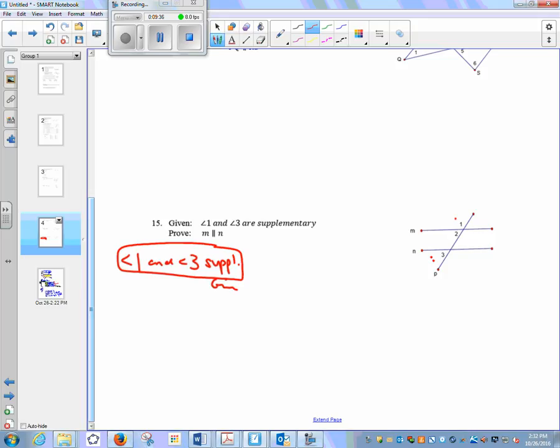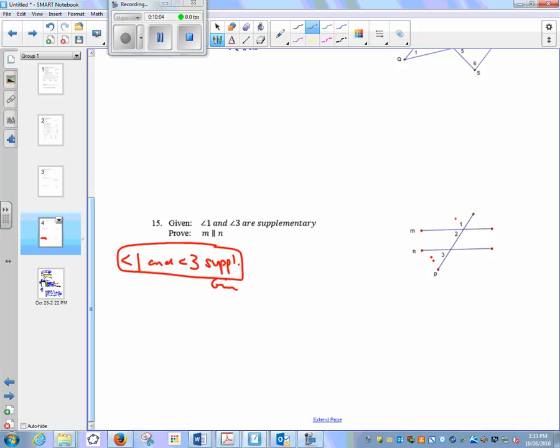When that happens, you have to look for something else. And the place to look would be into your diagram. So look to your diagram and say, is there any other relationship that I see just in the picture? You've taken the given as far as you can go. Look at the diagram. Is there any angle relationship that I can state from this diagram?